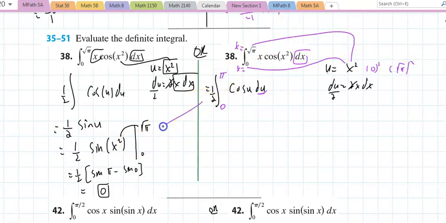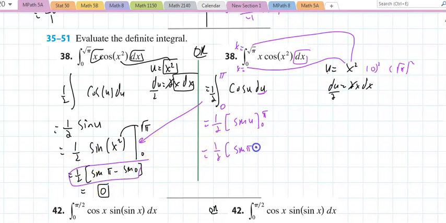I don't have to go back to x. In 5b, that saves you a lot of work. So that's going to be the sine of u evaluated from 0 to pi. You do get the same exact result, but it would be much easier for you to start doing that instead of going back to x.